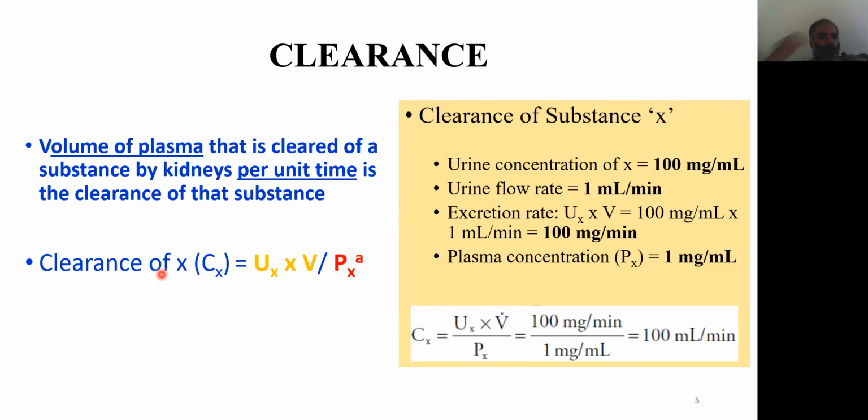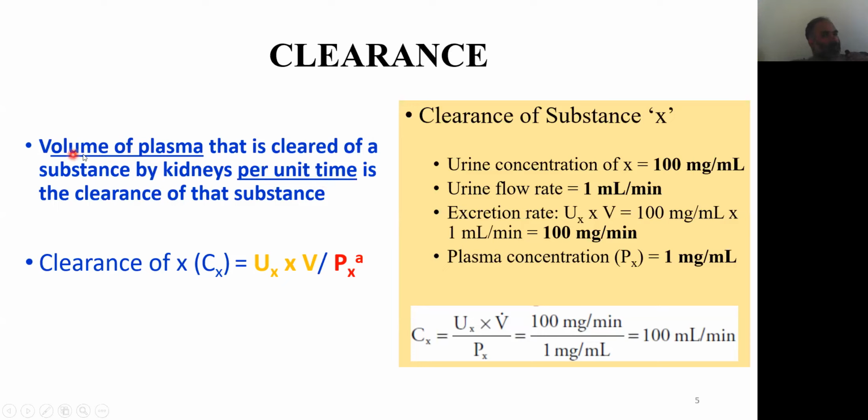Okay, so what is clearance? Clearance is, quite literally, a volume of plasma that is cleared of a substance, any substance, by the kidney per unit time. So the underlying thing is important. Volume of plasma, so it will include some sort of a volume unit, ml or liter or something similar, and then it is a per unit time phenomenon.